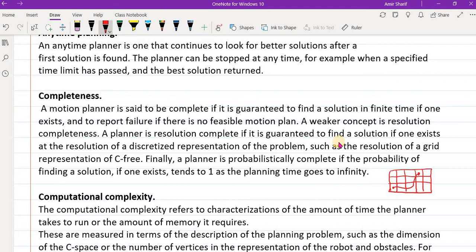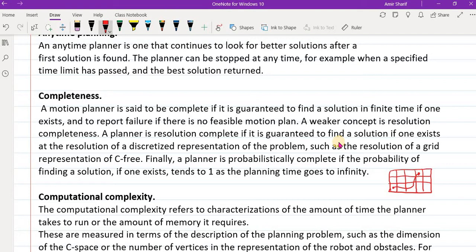And the resolution of this grid, meaning the number of these cells, is also very important in finding a solution.